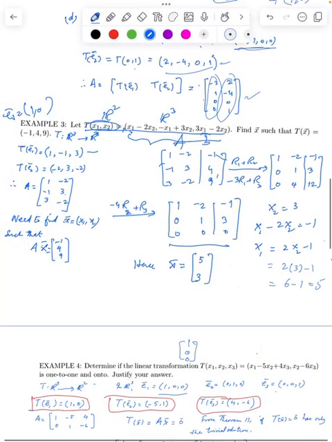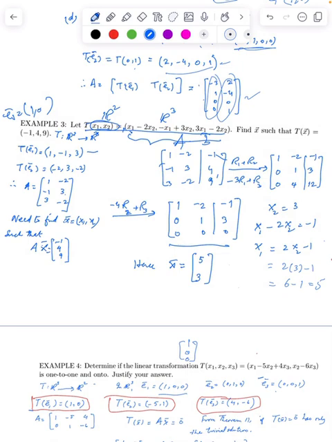Okay. The next example says determine the transformation T given by this relation, and determine if this is 1 to 1 and onto, and justify your answers.